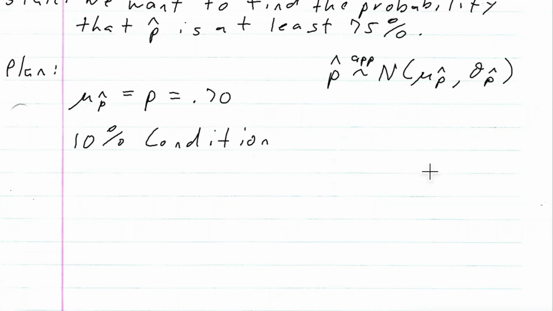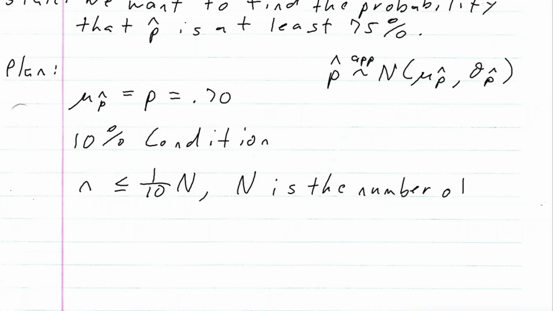We have to have little n less than or equal to a tenth of big N, where big N in this case is the number of college women in the population, right?